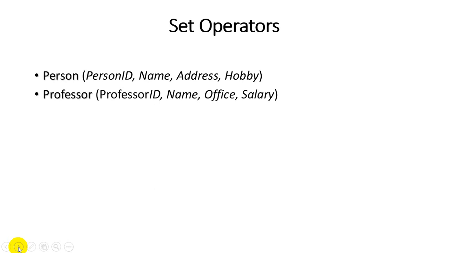Person ID is an integer and professor ID is an integer, both the same. Name is the same in both. Address and office may be the same because both are varchar, but hobby and salary are not a common data type, so they are not union compatible because of these two attributes: hobby is varchar and salary is integer.